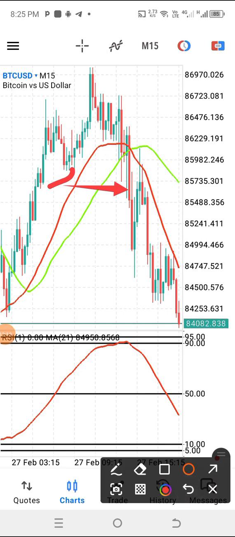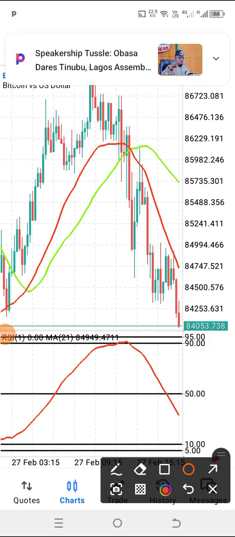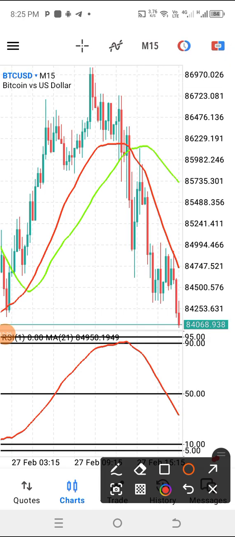The next thing we are going to wait for is for price to retrace back, or probably just take the sell if you have good equity. Your stop loss should be a few pips above the red line, or you use the highest point, the swing high.